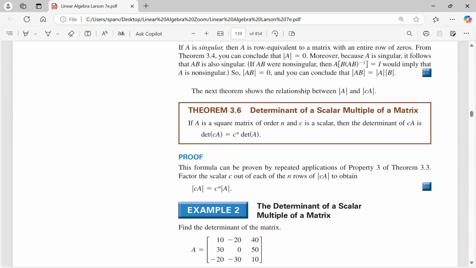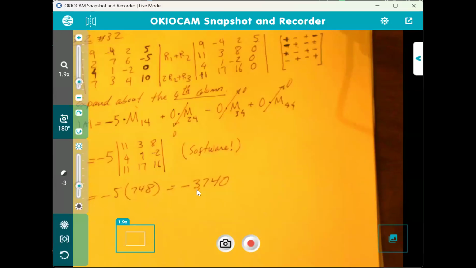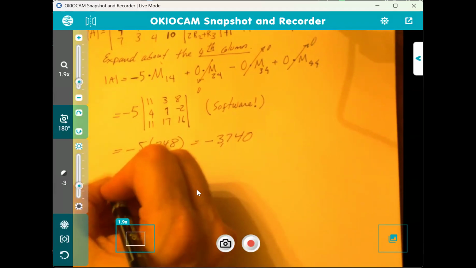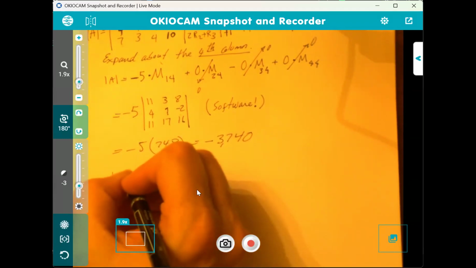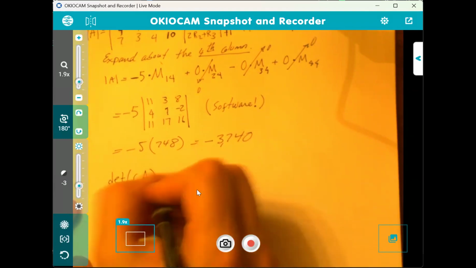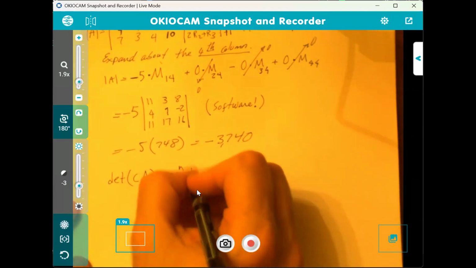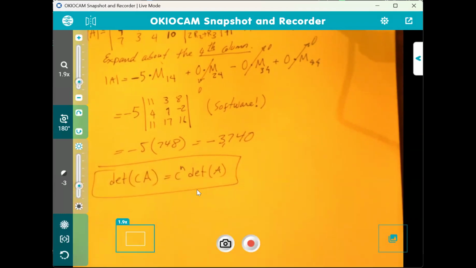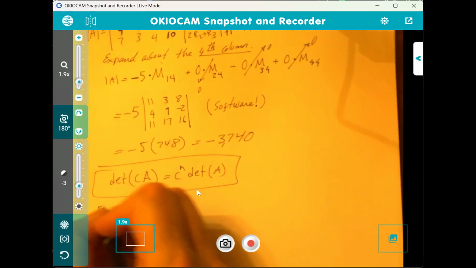And let me go to my notepad and write this one for you, just to make sure I'm explaining this so we can follow. So here's what we're saying. The determinant of CA is C to the n times the determinant of A. So here's an example.